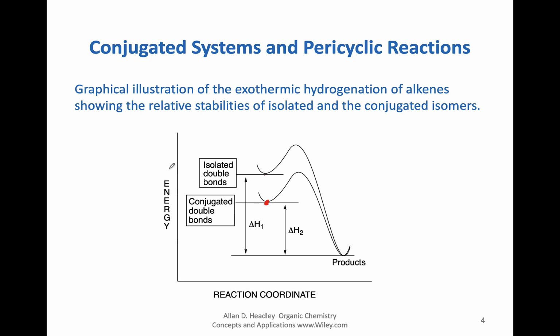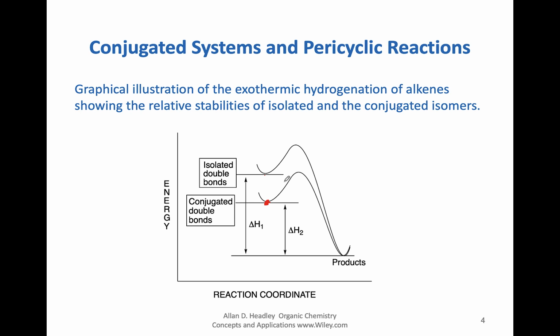You may recall that in a energy profile diagram of this type, anything that's in this region or lower in the region is more stable than anything that's higher in that region. So we can tell from this that molecules that have conjugated double bonds are more stable than molecules that have isolated double bonds.